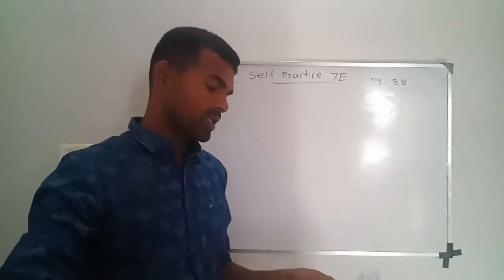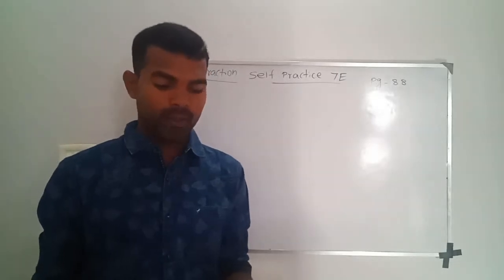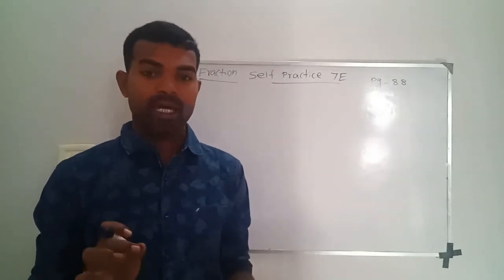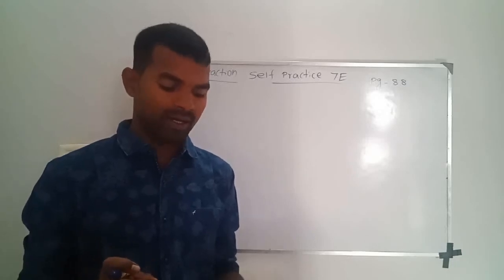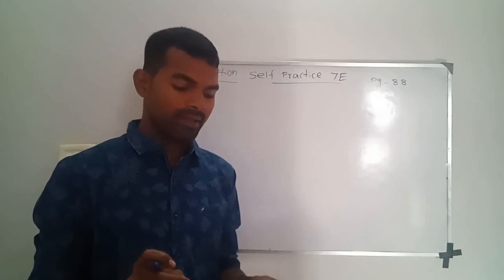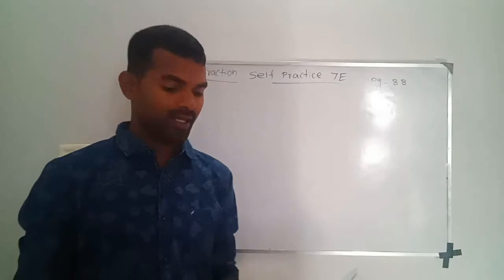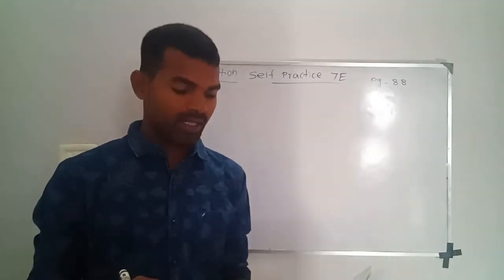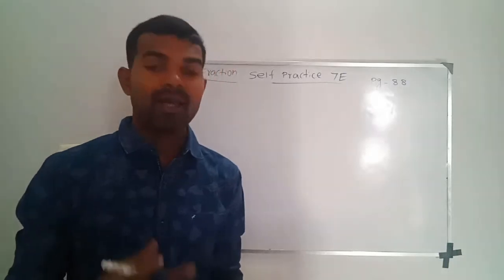See the second question. Rahman baked a pizza and cut it into 6 pieces. There were 6 sixths. He and his friends ate 3/6 of the pizza. How many sixths were left? In the second question, it ends with how many sixths were left.